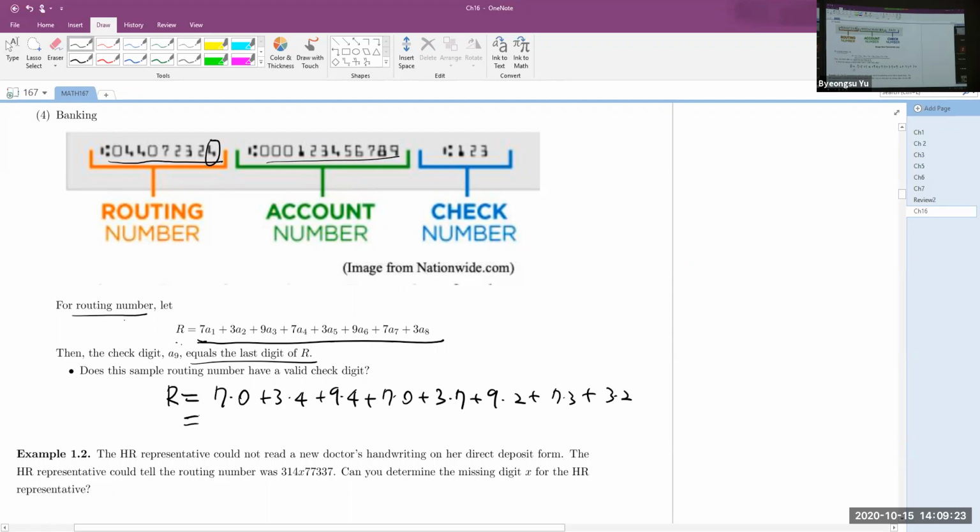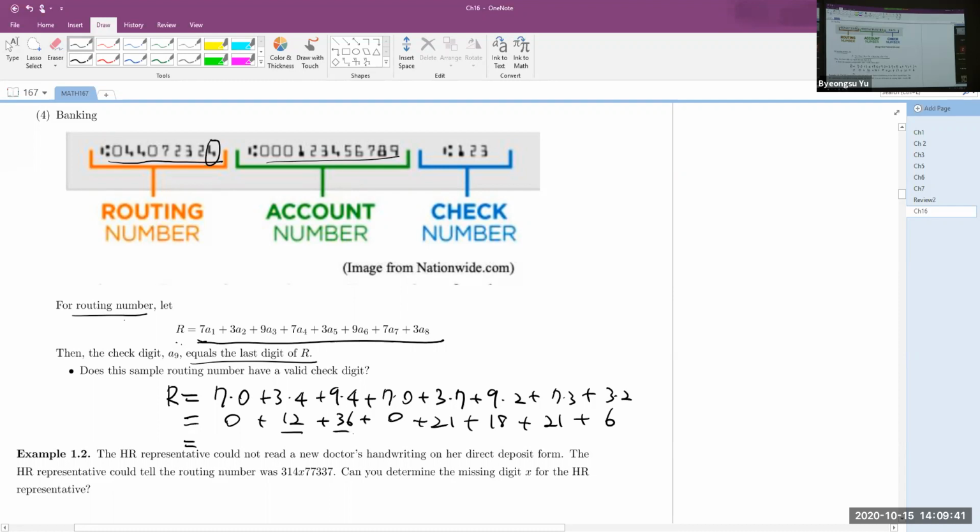If you calculate this, then 0, 12, 36, 0, 21, 18, 21, 6.